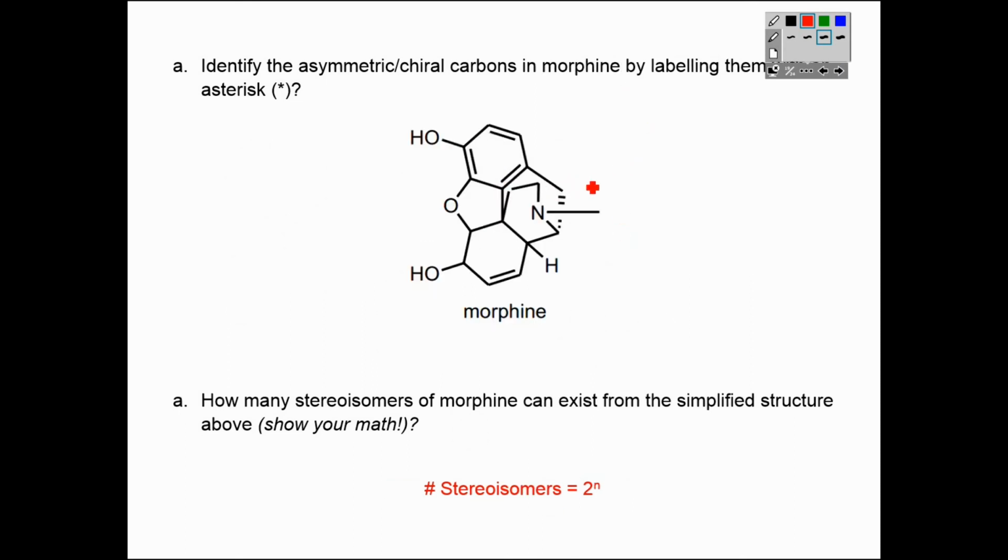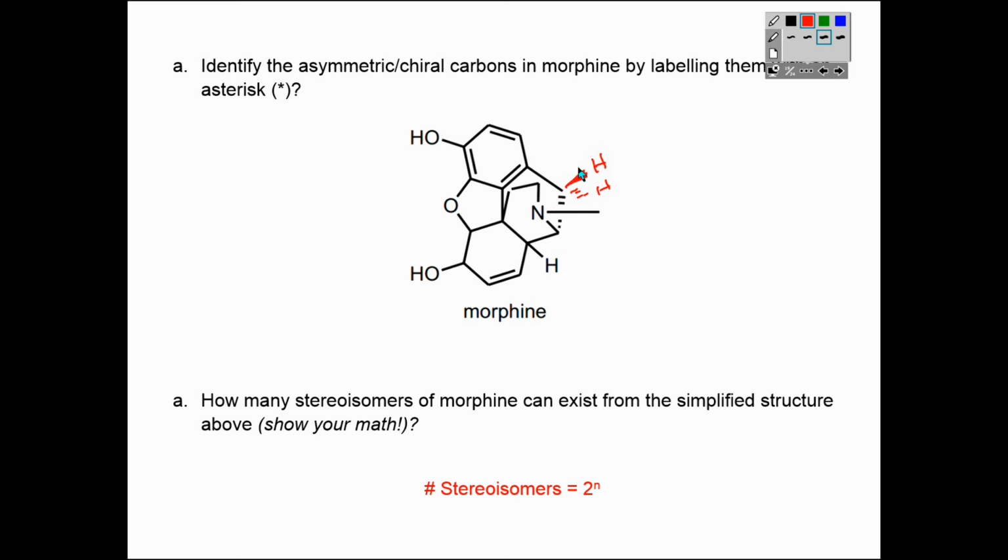Now again, this is another compound. The asymmetric chiral carbons, we are looking for the chiral carbons, not the nitrogen, for morphine, which is a very strong painkiller. Okay, so we're going to show hydrogens where we need to.